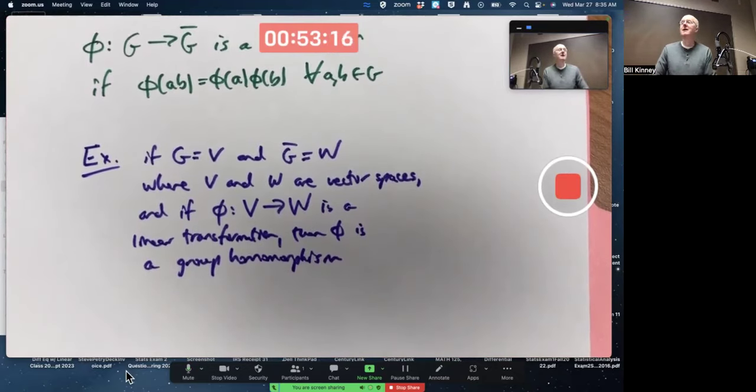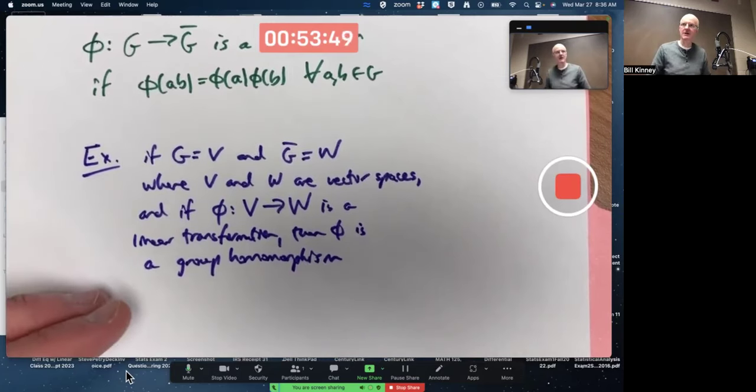Why? First of all, remember vector spaces are groups under addition. Not under multiplication, nothing about multiplying by scalars. We're not thinking about scalar multiplication of vectors. Nothing about dot products. Nothing about cross products. We're just thinking about adding vectors here.